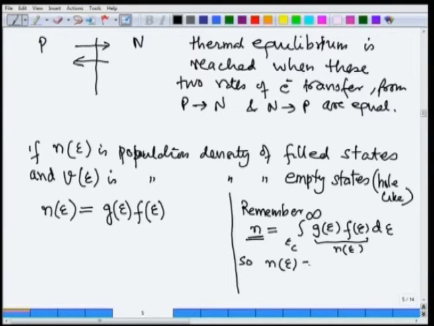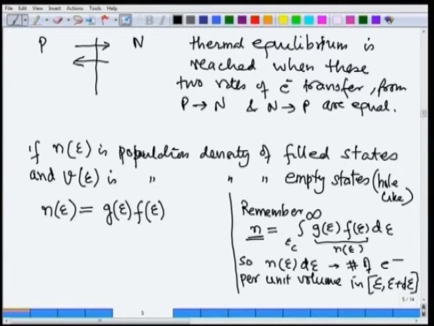So n(E) dE therefore represents the number of electrons per unit volume in this energy interval. That is what this quantity n really represents. So that is what this population density is.